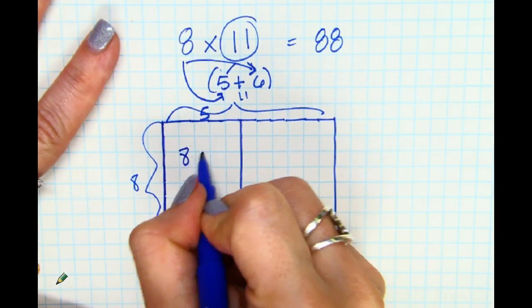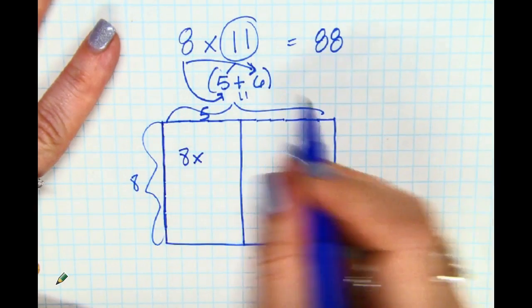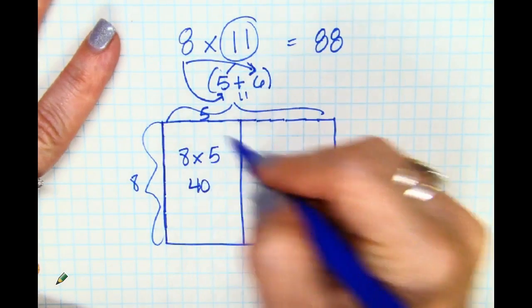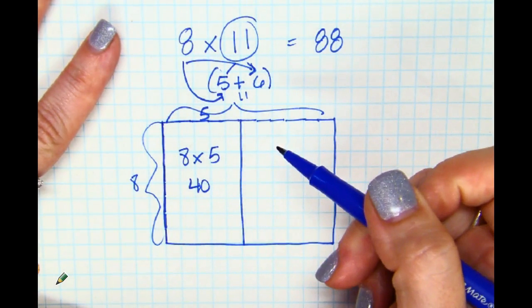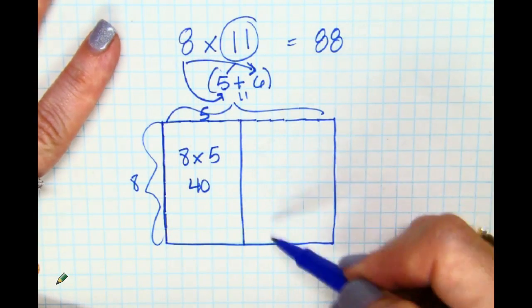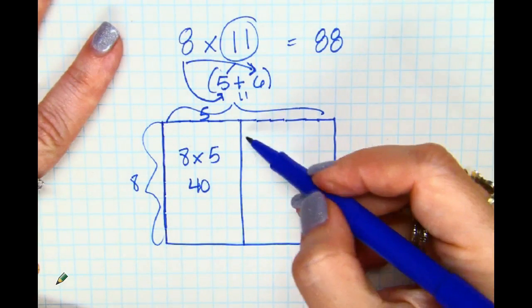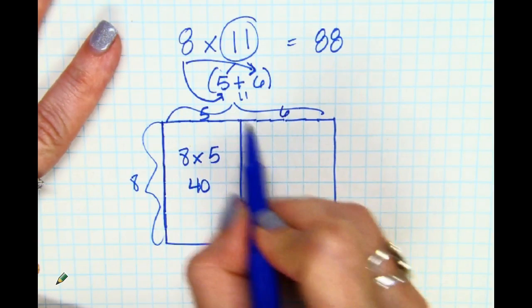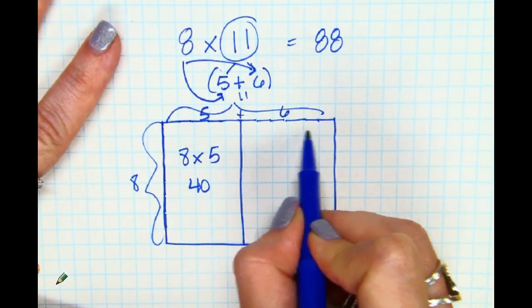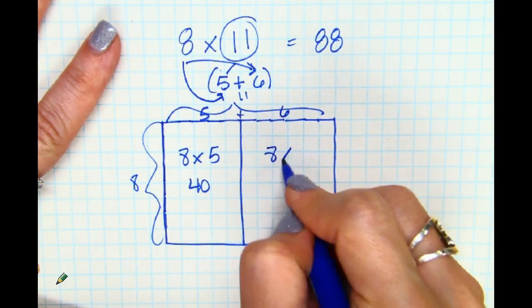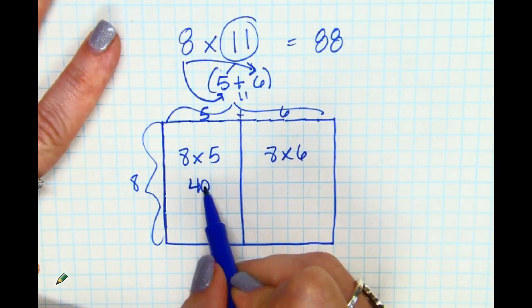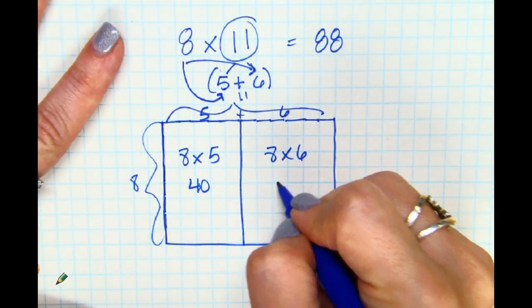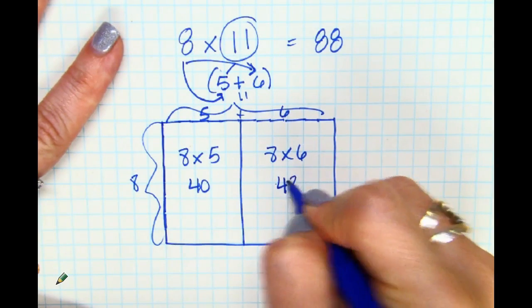So this part of the large array is 8 times 5, which is 40. If I counted all these squares, we know it'd be 40. Now in this section of the array, we still have 8 groups, but 8 groups of what? We have 8 groups of 6. 1, 2, 3, 4, 5, 6. Since 8 times 5 is 40, 8 times 6, or 6 times 8, is 48.